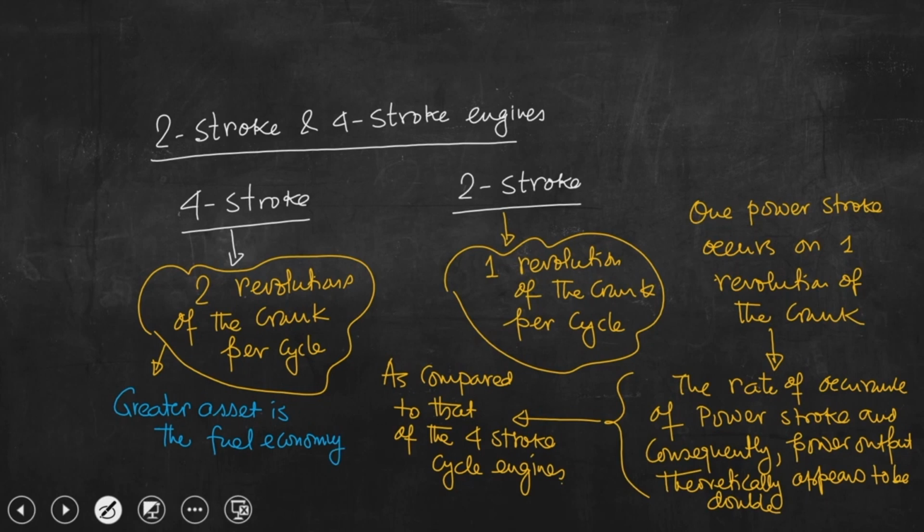You know that in 4 stroke cycle engines we are getting only one power stroke, so the power output is theoretically lesser as compared to that of the 2 stroke engine, but the greater asset is the fuel economy, because the loss of fresh fuel that is inducted into the cylinder during the intake stroke through the charge, if it is an SI engine, can be prevented.